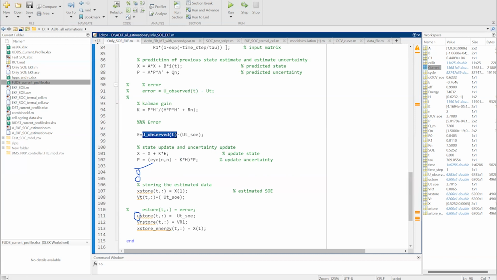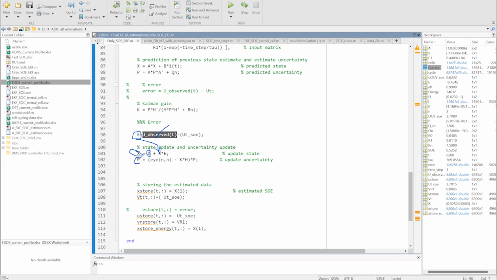Basically, you can say it is sensor data. Once you have this difference, you multiply it with the Kalman gain and add it to the predict step, and finally you get the state update.